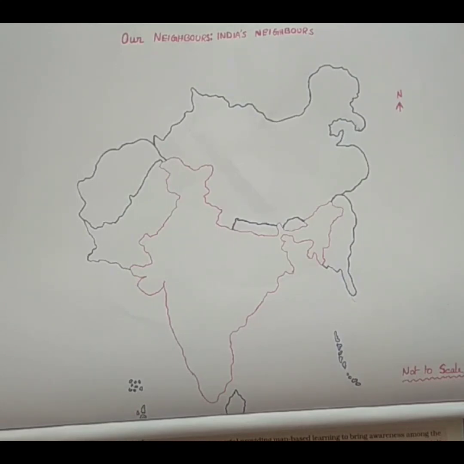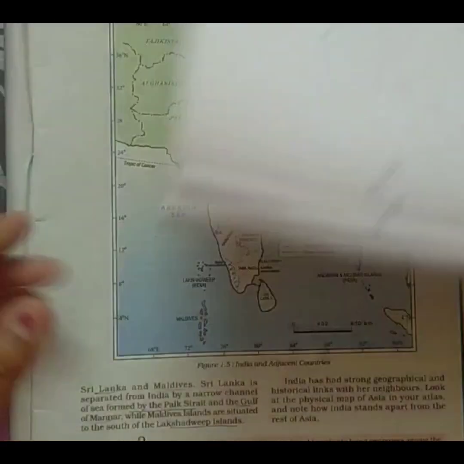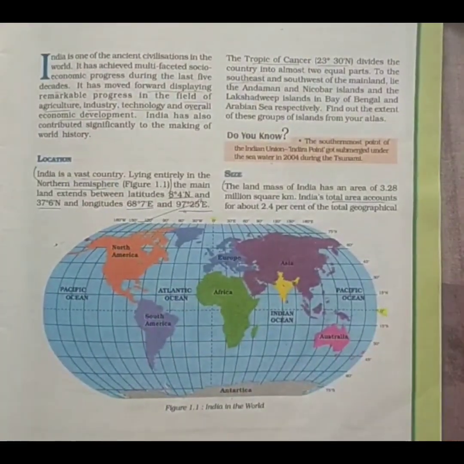Indian landmass is centrally located between West and East Asia. We already discussed this. Look at this map.